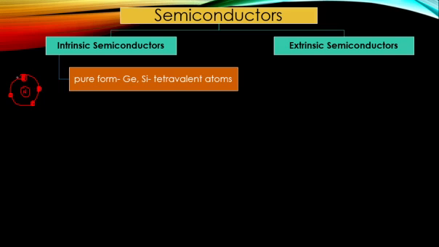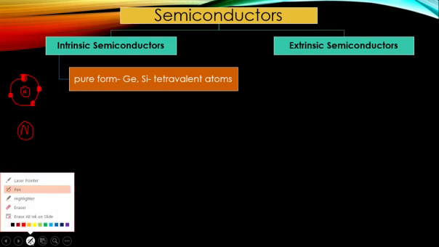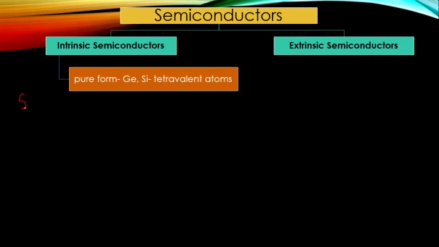For an atom to be stable, the outermost shell has to be filled up with 8 electrons. That is not possible here. So what will happen? It will make bonds. This is the nucleus of the atom, for example, silicon. Silicon has 4 electrons. It will pair up or share the electrons with the neighboring silicon atom, and a bond is formed.